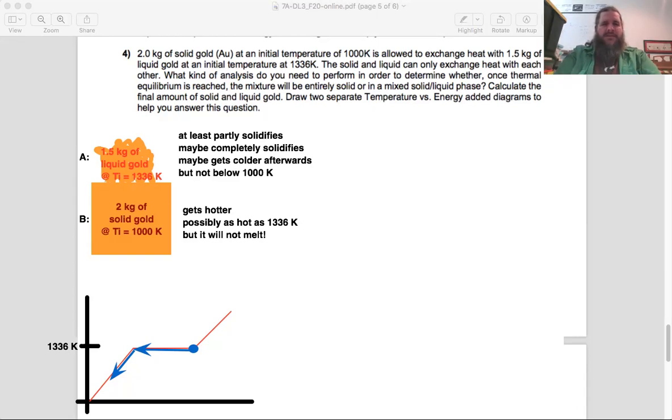Yeah, we're going to end up in a mixed phase. If the solid gold warms up all the way to 1336 Kelvin first, then that means the liquid is still in the process of solidifying.